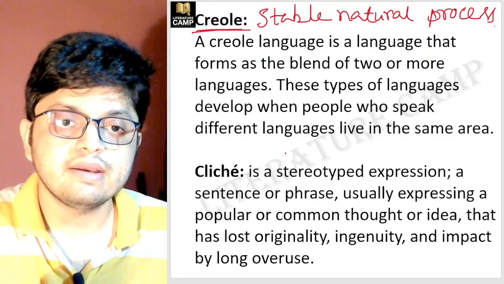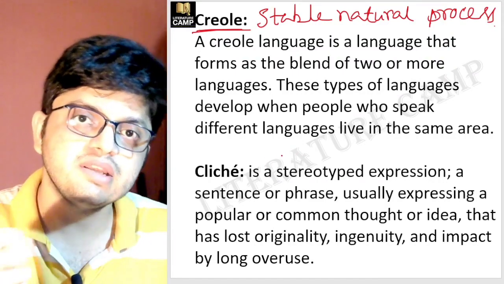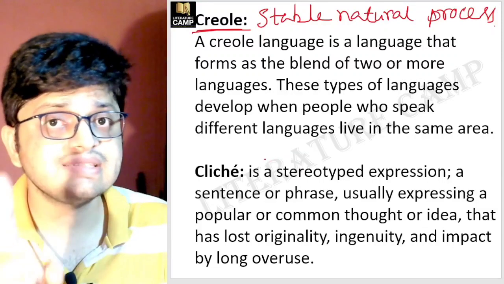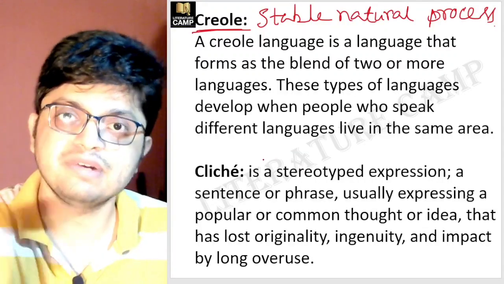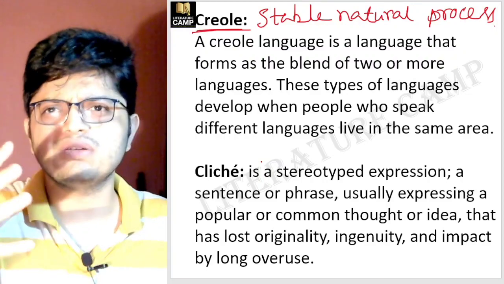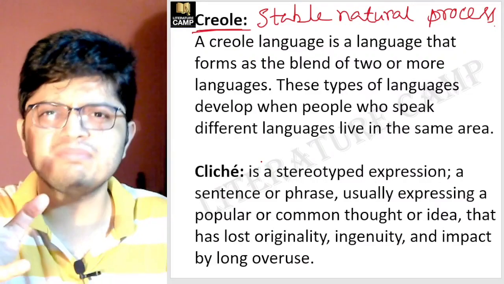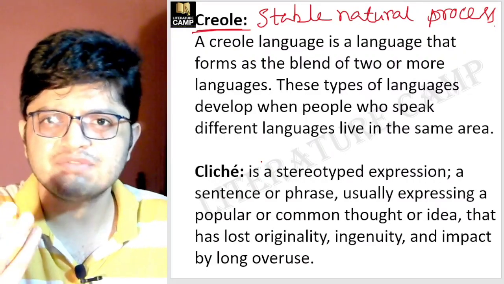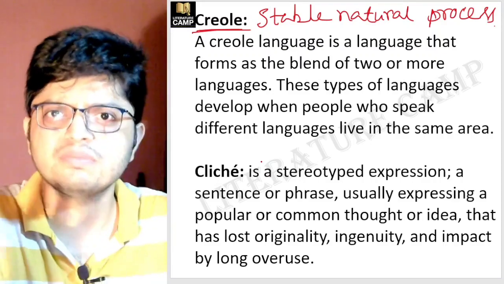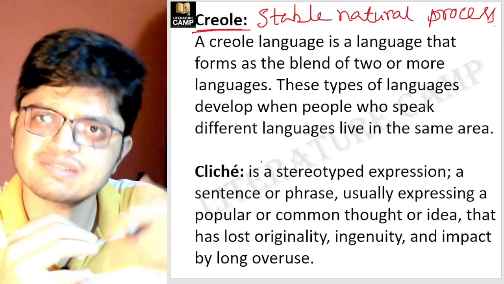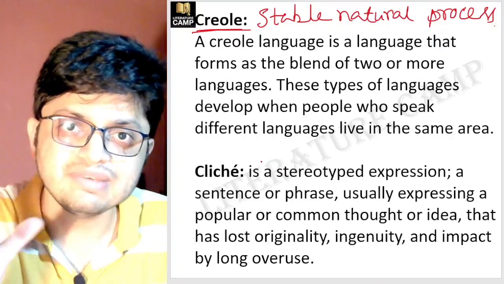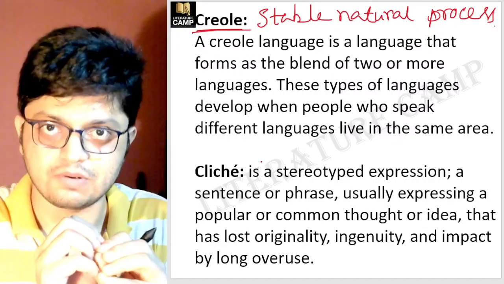They sometimes speak in English as well, but this English is not American English or British English. They use or mix many kinds of words or phrases from two languages, from three languages, or many languages. They speak in that language. So that mixture of language is called Creole.